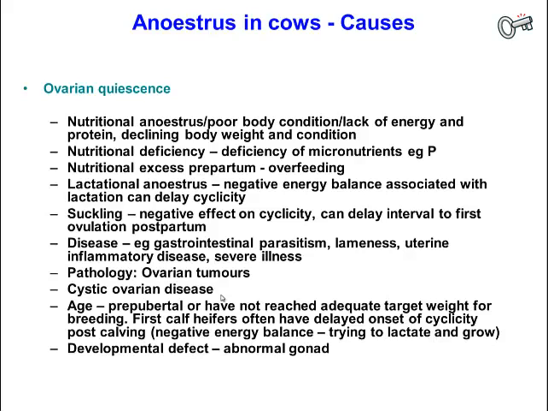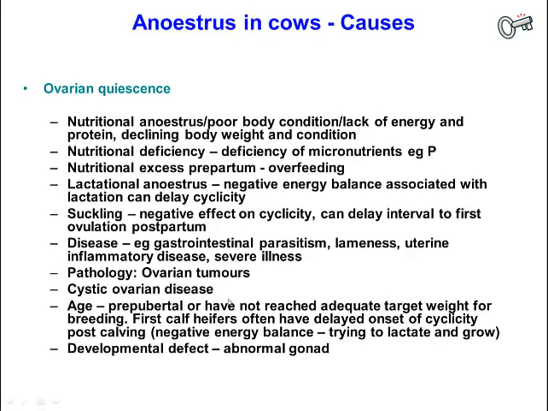So these animals will often have a prolonged period of anestrus. And if there's some sort of developmental defect that the animal's been born with, for example, they may have abnormal ovaries or other structural problems or genetic problems, then this may cause them to not ovulate.